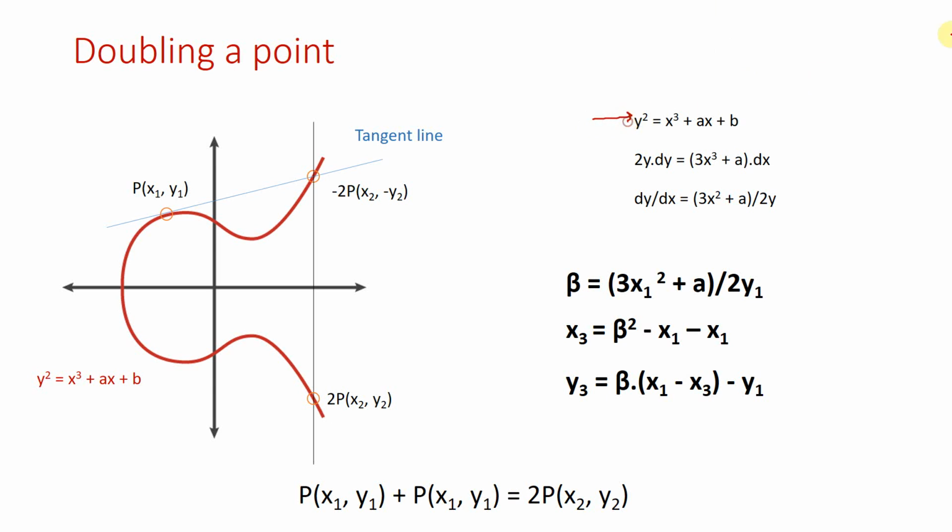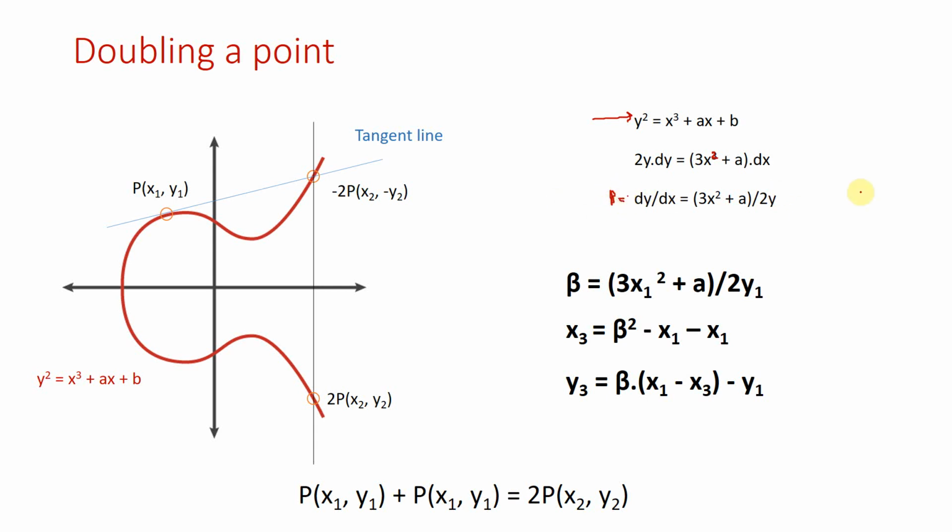This is the equation of the curve, and I find its derivative. 2 times the derivative of y is equal to 3 times x squared plus a, and dy over dx is equal to 3 times x squared plus a over 2y, and that's actually the beta value.